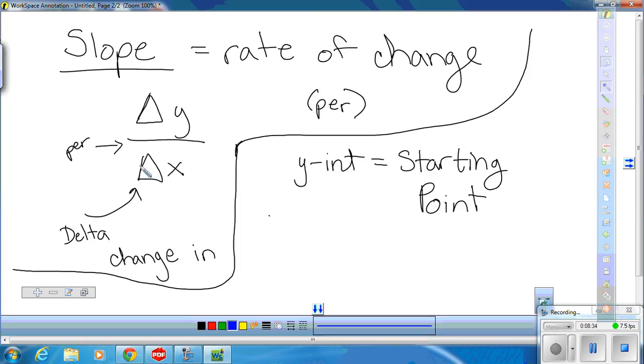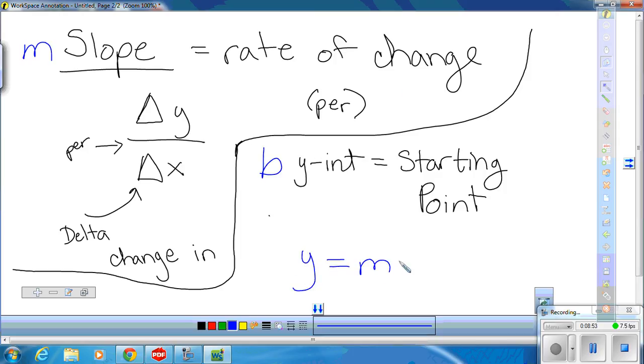If you think about it that way, we know slope is the m, and the y-intercept is the b. If you're reading a word problem, and you notice that it starts somewhere, and that it has a rate of change, it's got something with per in it, those are the two numbers we need to write an equation.